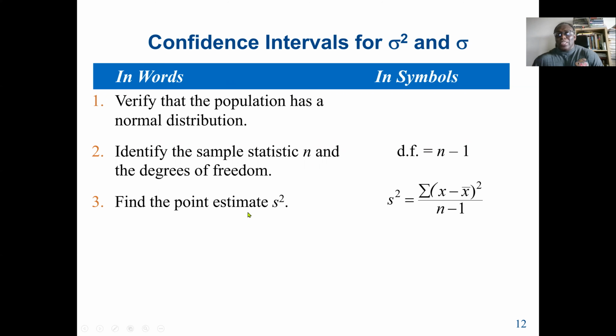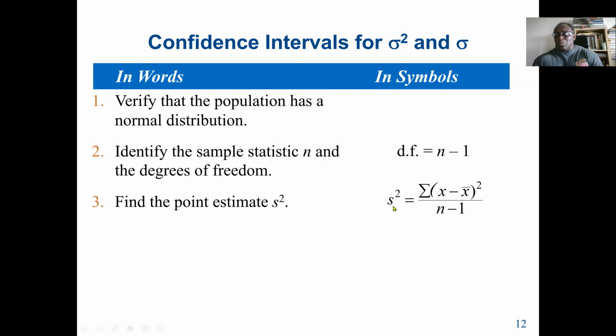Then we find the point estimate for the variance, which is each value x minus the mean, squared, divided by n-1. So this is the exact formula we use in descriptive statistics to find the variance.